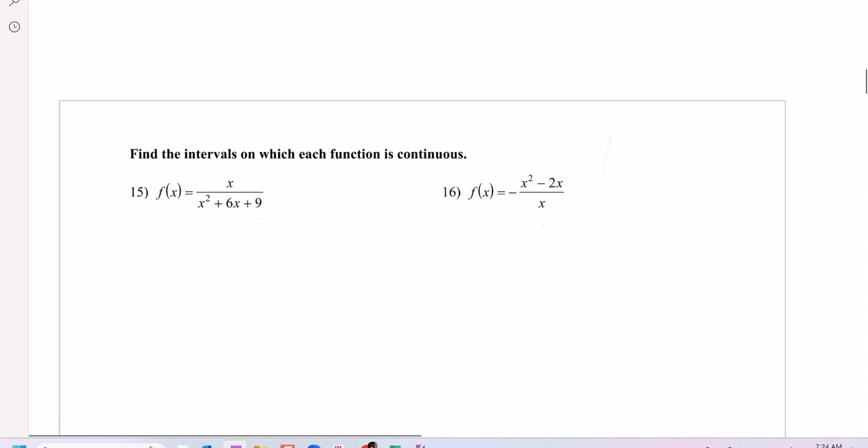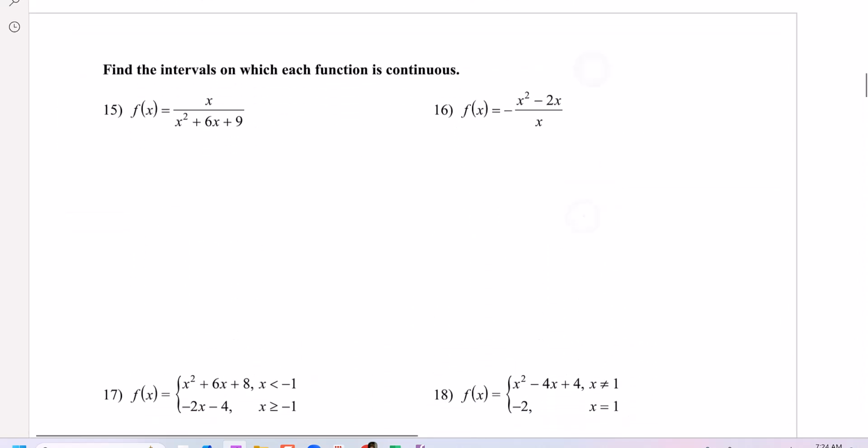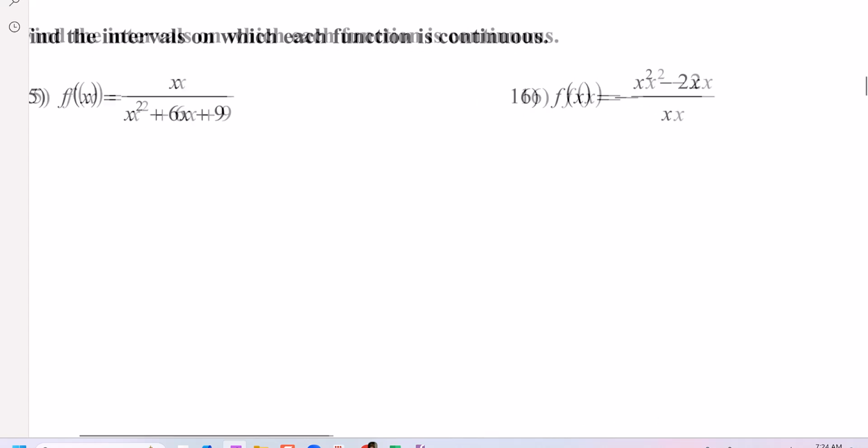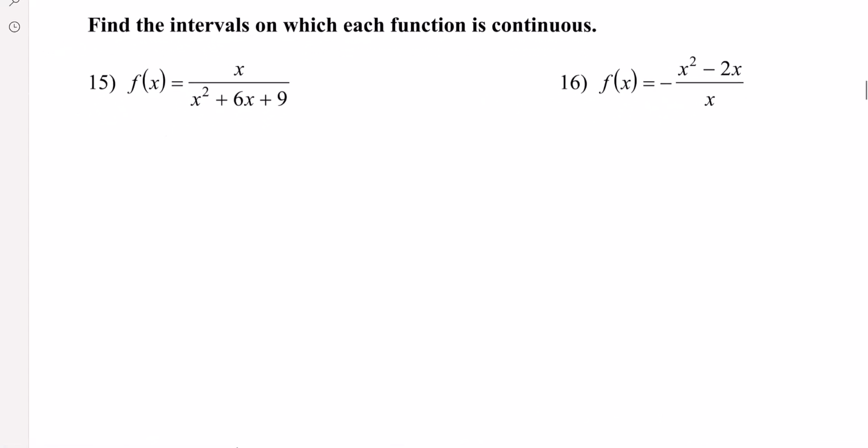Okay, so now we're going to come down here and find the intervals on which each function is continuous. So this is where I was showing you before. If things cancel, there's still going to be a discontinuity point because there's going to be a hole. So for example, this one, that x is not going to cancel. You're going to have x plus 3 times x plus 3, or x plus 3 squared.